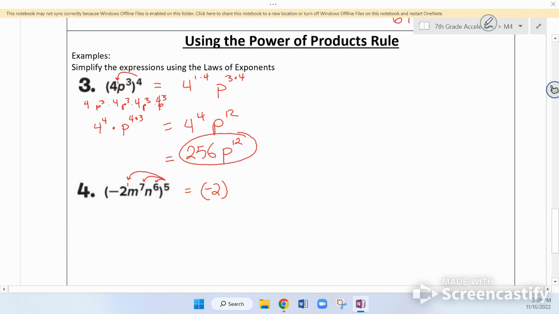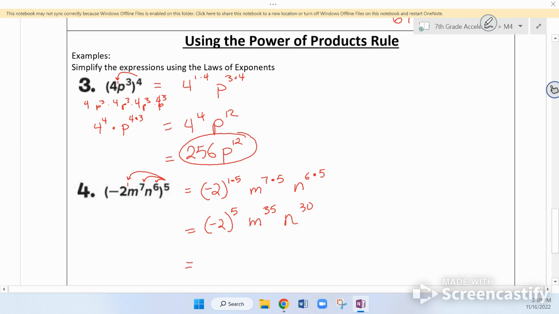Notice I put those parentheses in there. We're going to have m to the 7th times 5, and n to the 6th times 5. That 5 goes to each of the factors inside, and this gives us (-2) to the 5th, m to the 35th, and n to the 30th.